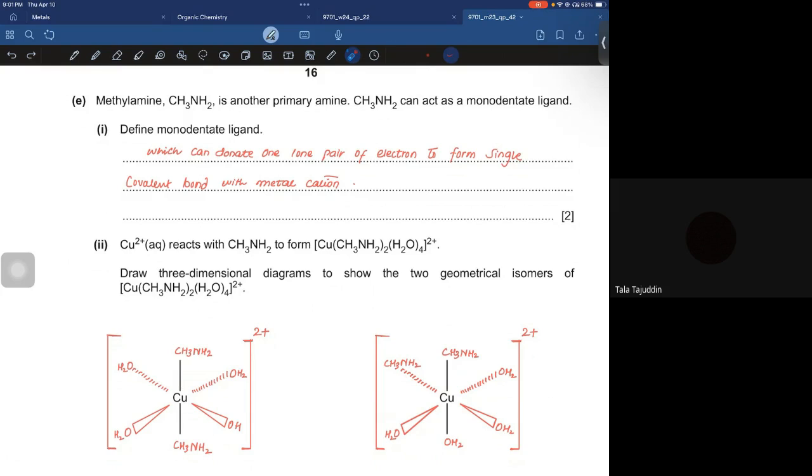Part E says methylamine is another primary amine, can act as a monodentate ligand. Define monodentate ligand. So a monodentate ligand can donate one lone pair of electrons, and of course it's going to make one dative bond with the metal cation, or you can say a single covalent bond.